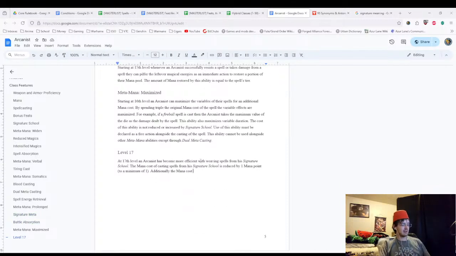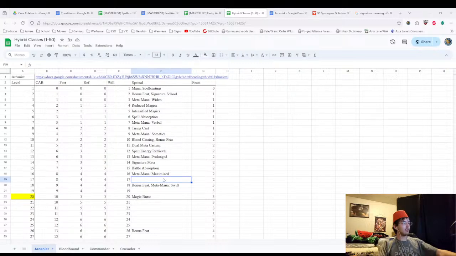Additionally, the mana cost of his reduced by 1 mana point. Easy. And this one is signature weaving. Cool. Signature weaving.